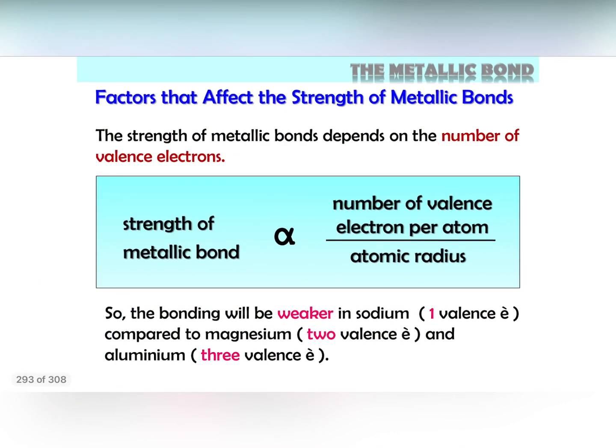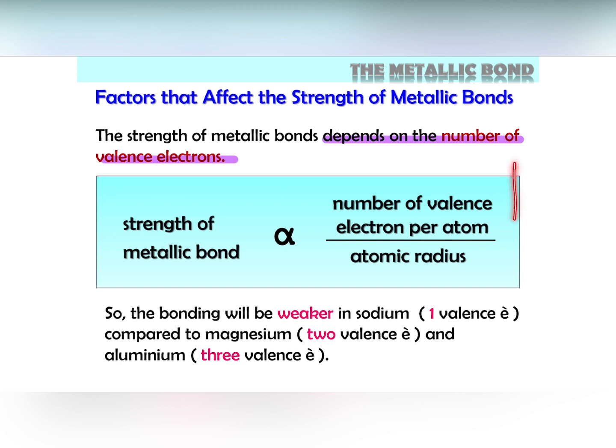Alright, so next let's have a look at the strength of metallic bond. So, highlightkan dekat sini, strength of metallic bond, it depends on the number of valence electrons. So relationship dia adalah the strength of metallic bond is directly proportional to the number of valence electrons.